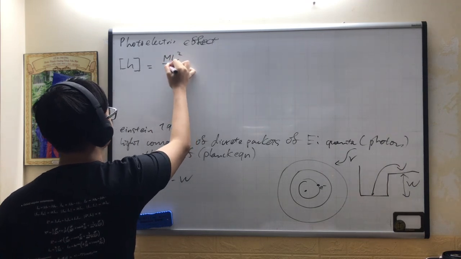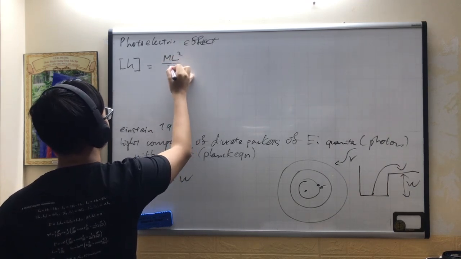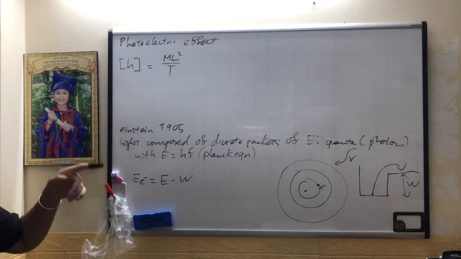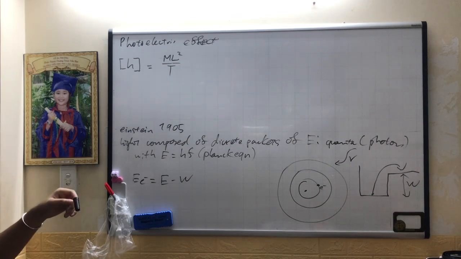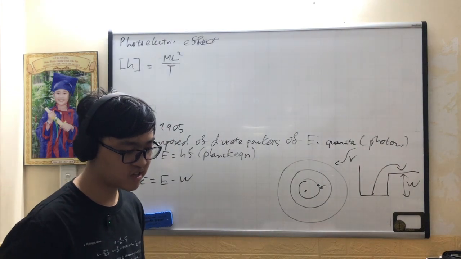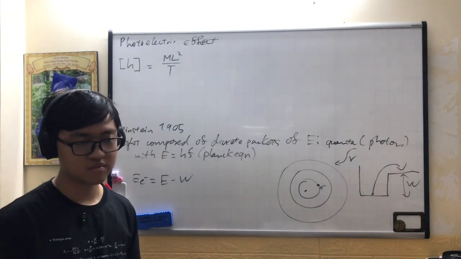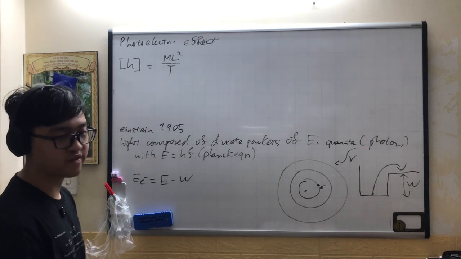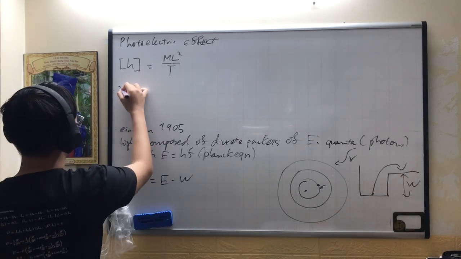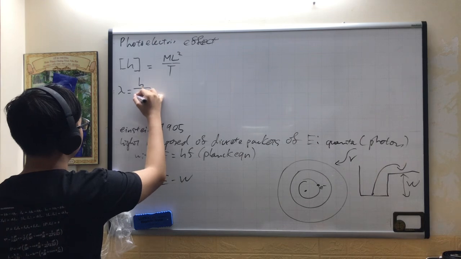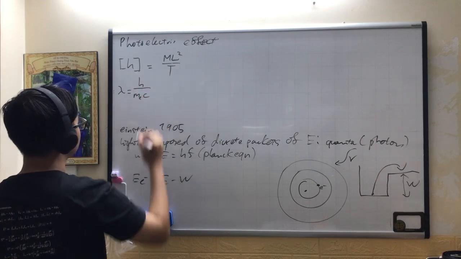From this, we can get something called the Compton wavelength, which is lambda equal to h divided by m_e c.